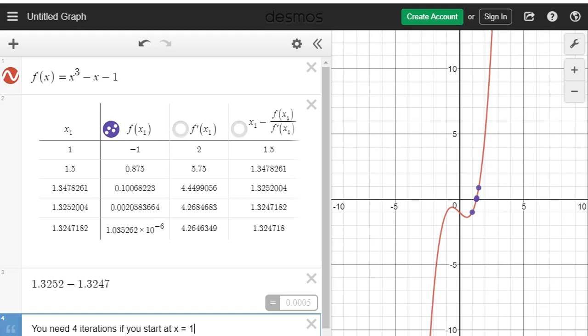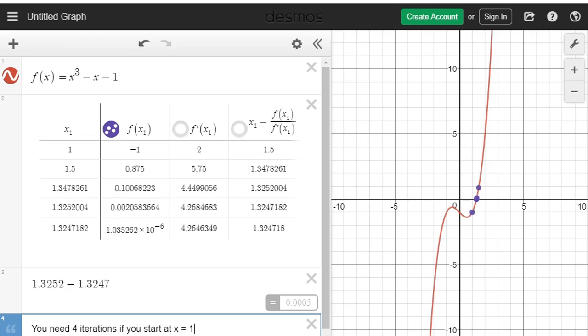When you do Newton's method again, which is x minus the function value divided by the derivative, you get 1.347. Then you get 1.347821. Remember, if you're using a calculator for something like this, you have to store the value. You cannot round prematurely on the AP test. So the next value becomes 1.3252004. The next value becomes 1.3247.